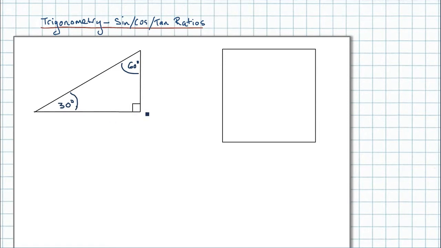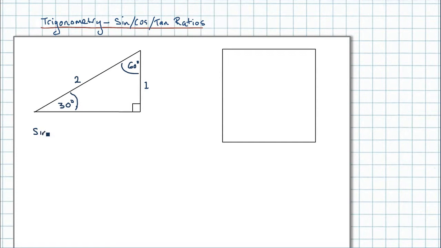So in a 60, 30, 90 or 30, 60, 90 triangle, we discovered that there's a fixed ratio of sides, and that's very easy to remember. The shortest side we just define as 1, and the ratio of the shortest side over the hypotenuse gives us our first fixed value for the sine function, 1 over 2, opposite over hypotenuse.